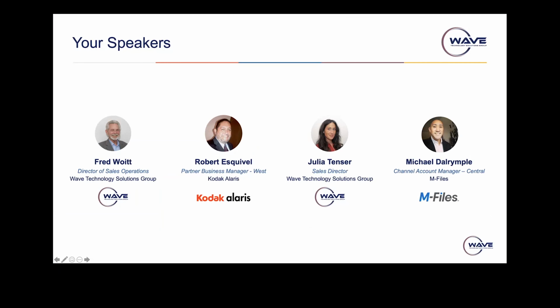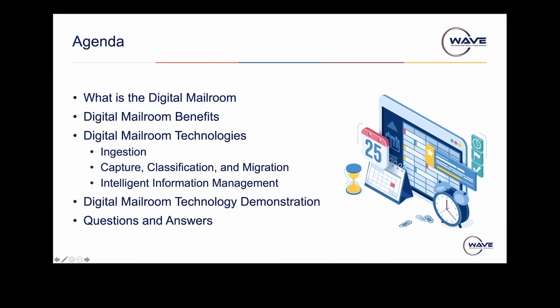So what are we going to cover in today's webinar? Basically, our agenda today is a mix of PowerPoint presentation and product demonstrations, in which we will cover topics such as what is a mailroom and what is a digital mailroom, and how implementing a digital mailroom will benefit your organization.